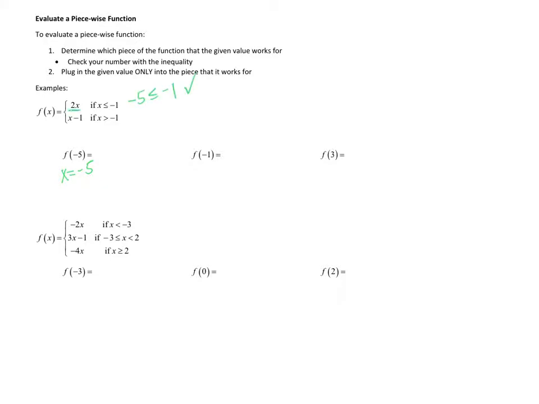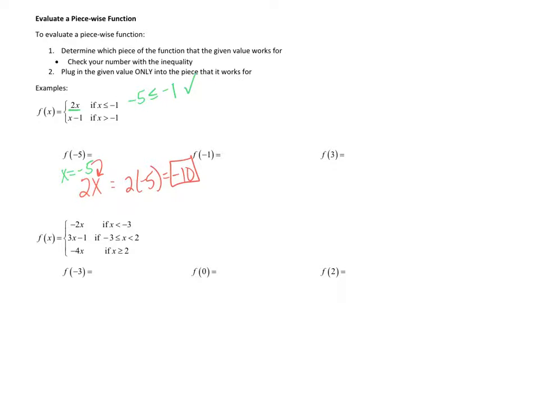That means that I need to use 2x. So I'm going to come over here. I'm going to use 2x, which means I'm going to plug in. So I'm going to get 2 times -5, which will give me -10. So I didn't do anything with the x minus 1 because -5 was less than or equal to -1.